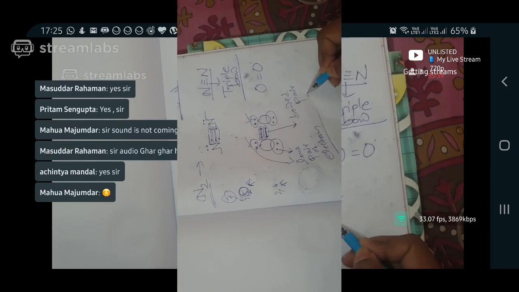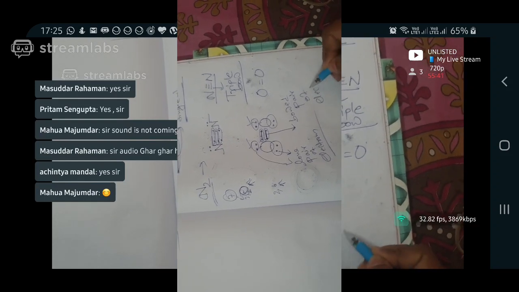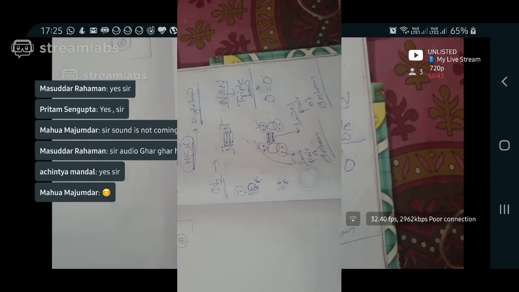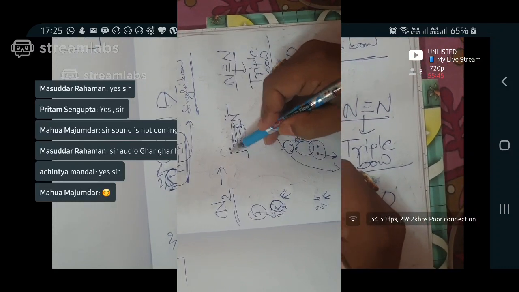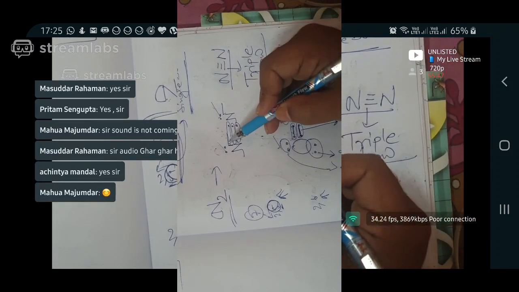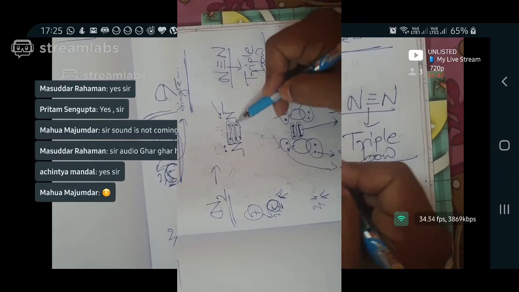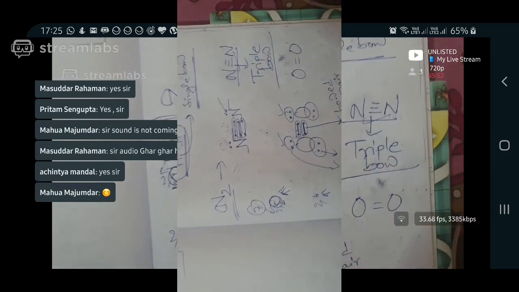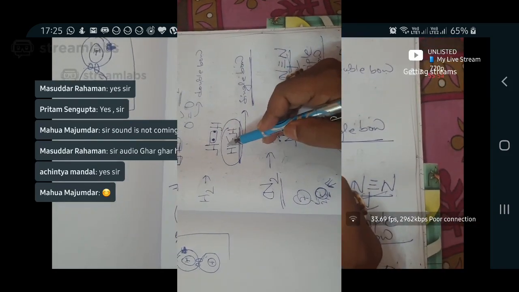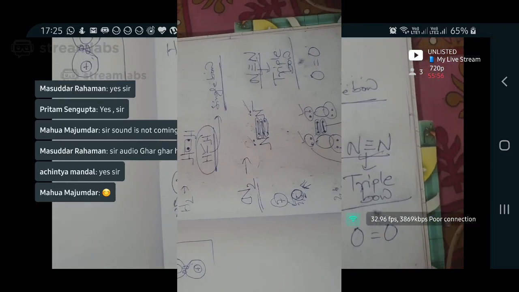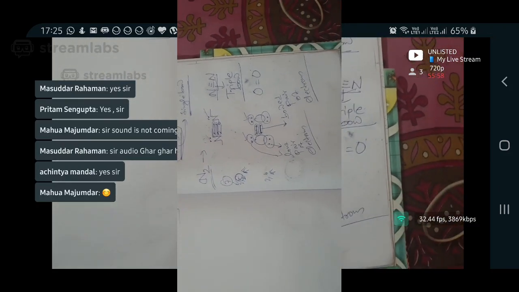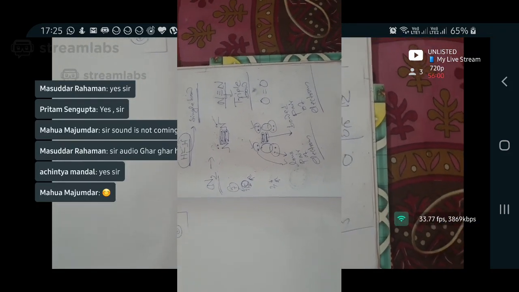In this case, this nitrogen has one lone pair of electrons, and these are bonded pairs of electrons. There are 3 bonded pairs of electrons, so there are 3 bonds. In hydrogen, there is only one bonded pair of electrons and no lone pair. So I hope you have understood the structure of O2, N2 and H2.